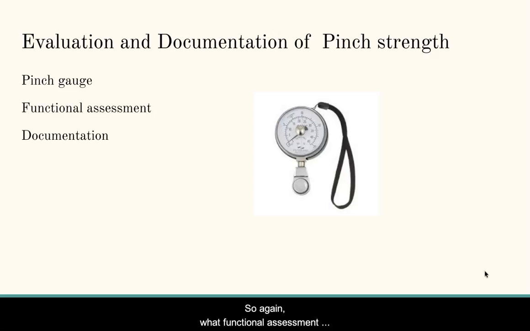So again, what functional assessment are you pairing with the pinch gauge to identify what the barriers are for your client and why they need your unique services, and making sure you document the why. So the numbers are critical so that you can document progress over time, and also what are the functional limitations and why they need your unique services.